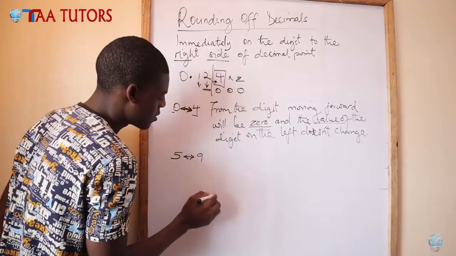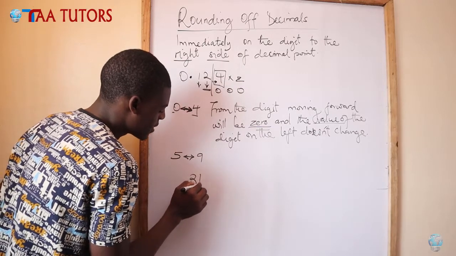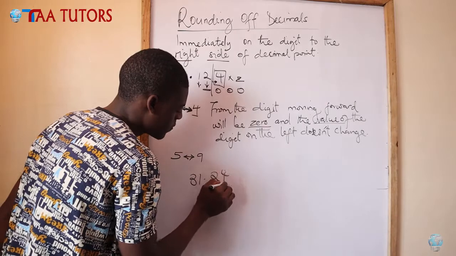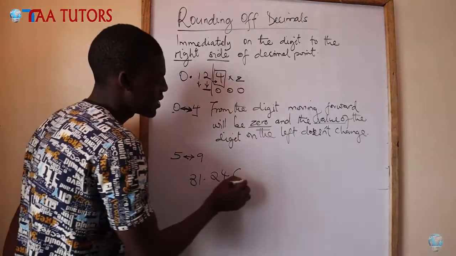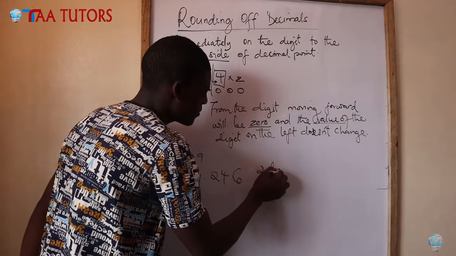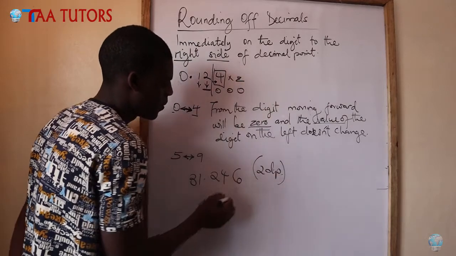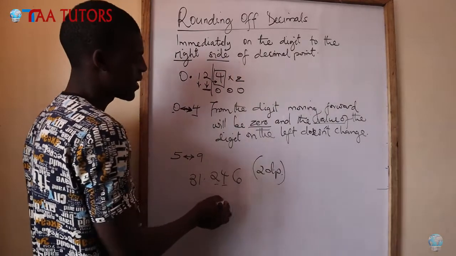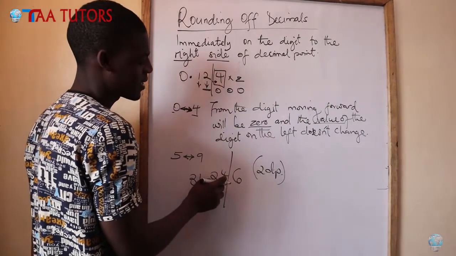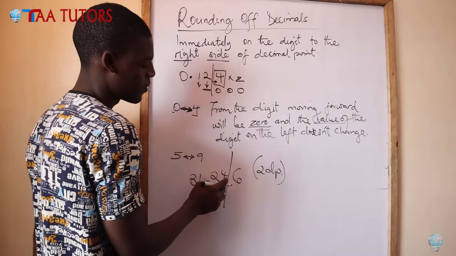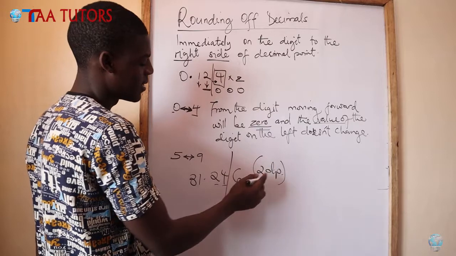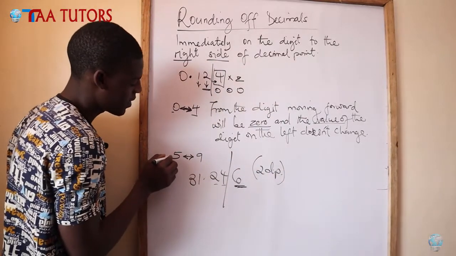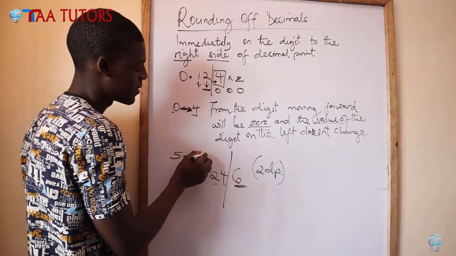When we have a case of 31.246 to 2 decimal places, we count 1, 2. Then rounding off starts immediately after the second decimal place, to the right. There we get 6, and 6 falls between 5 and 9.